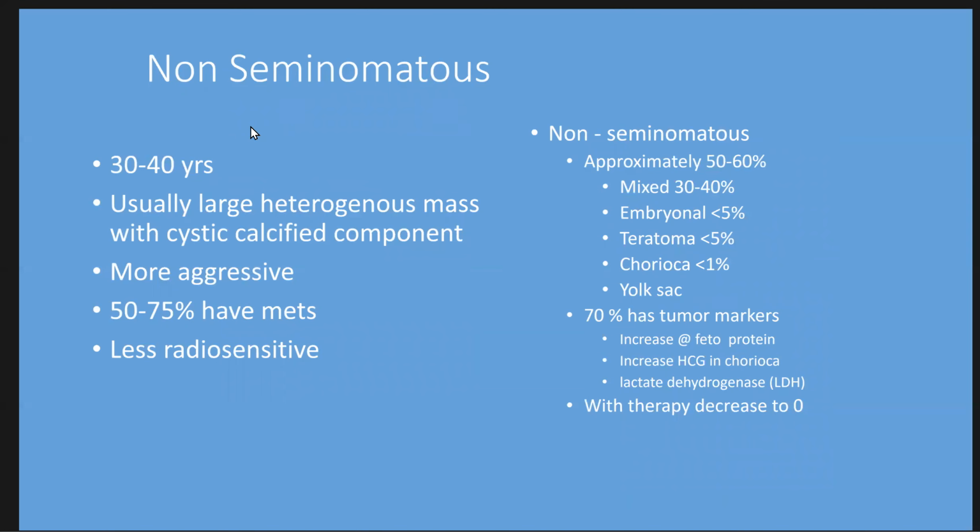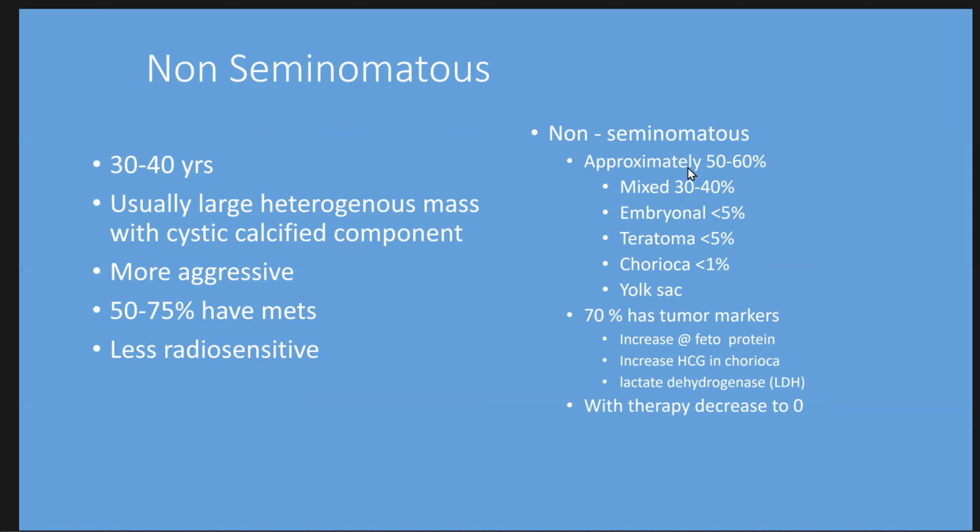The non-seminoma tumor is more common than seminoma, and it occurs between 30 and 40 years, usually a larger tumor, heterogeneous, with cystic or calcified components, more aggressive, with 50 to 75% having metastasis, and less radiosensitive.